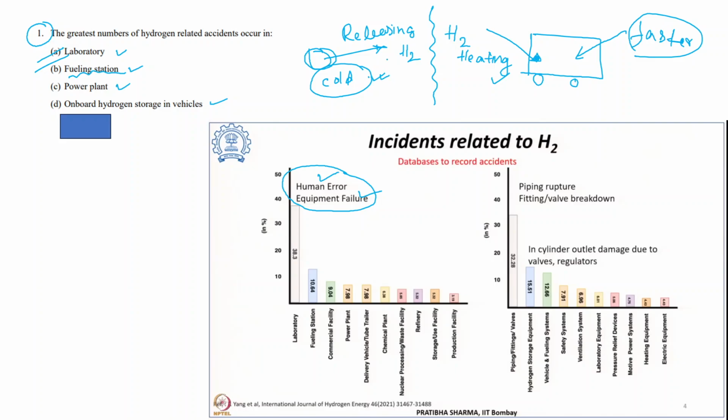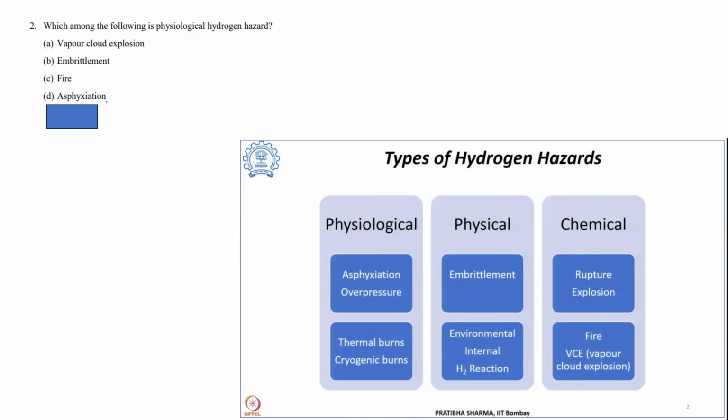Cooling is also dangerous when hydrogen is released, because this temperature drop will cause material failure. This is clear now. Is it clear? Okay.